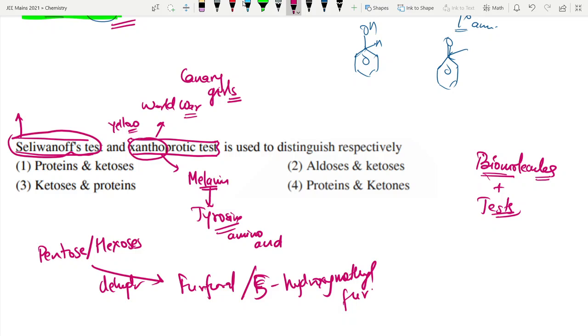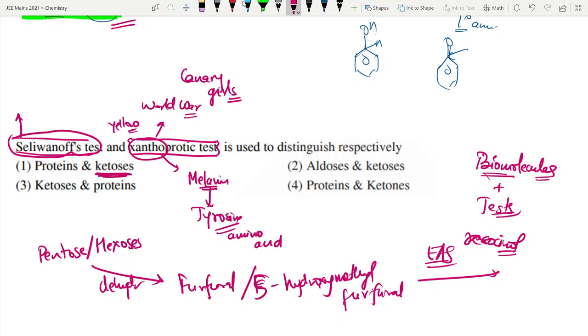And then you use something where electrophilic aromatic substitution can occur. In the Seliwanoff test, that thing is resorcinol, as far as I remember. Yes, I think resorcinol. What happens in this test is that the ketoses dehydrate faster, and they react faster.